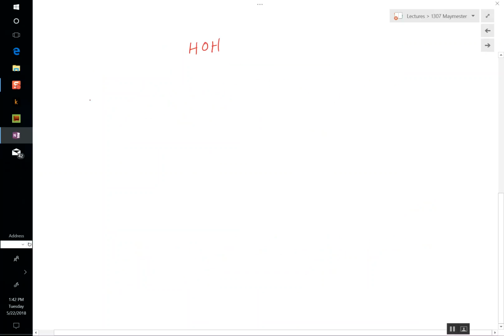So if we take something like sodium acetate, or no, methyl acetate. We got to start out with an ester plus sodium hydroxide. We're going to get an alcohol over here, methanol.